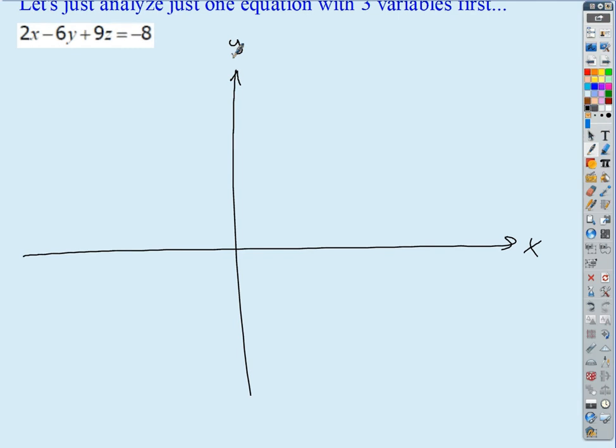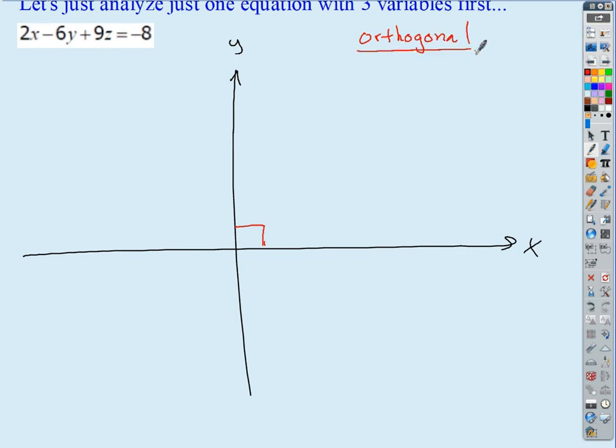Now, what's really important, before we jump into anything harder than this, what's necessary about the relationship between the x-axis and the y-axis? They're perpendicular, right? Okay, they're perpendicular. In order for us to be able to use a coordinate system, it has to be what's called an orthogonal coordinate system.